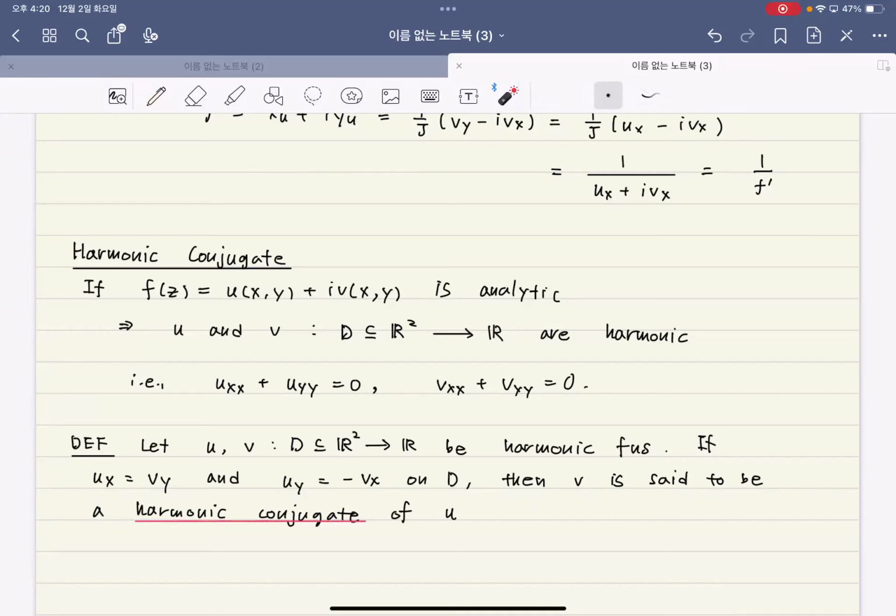Being a harmonic conjugate means the function must be the imaginary part of the analytic function.